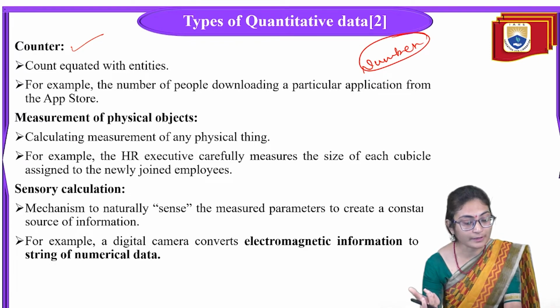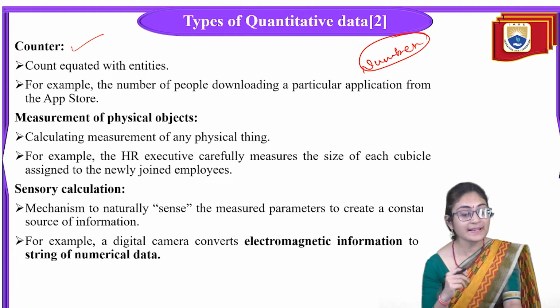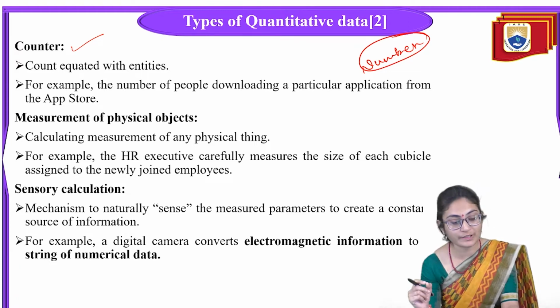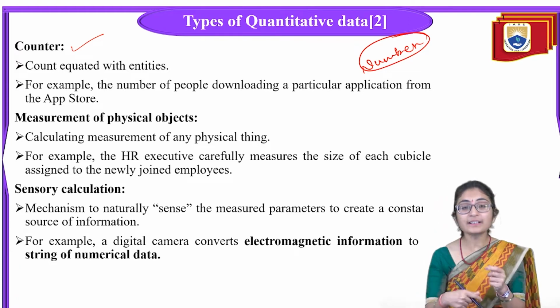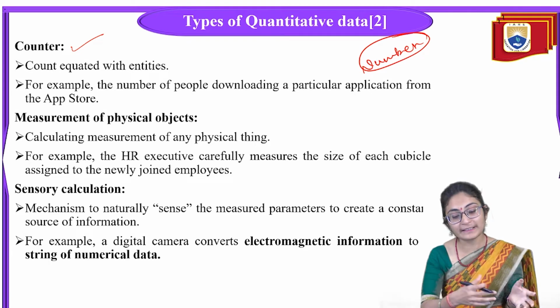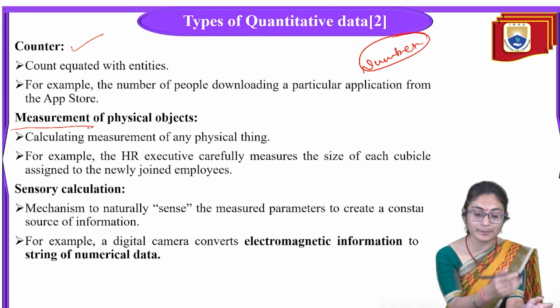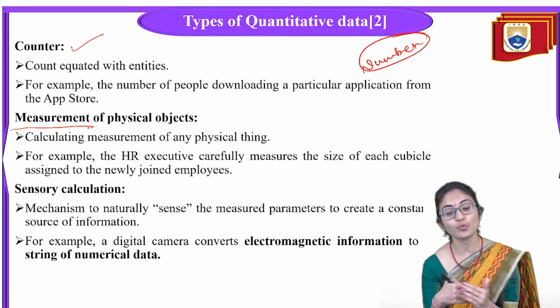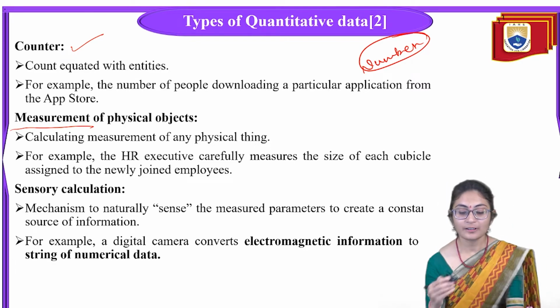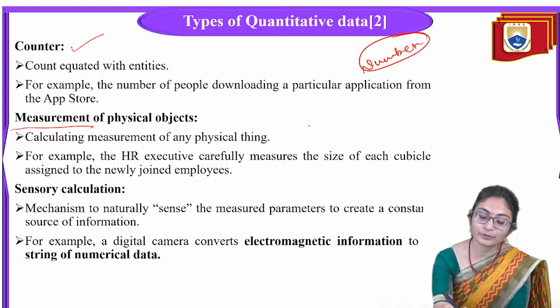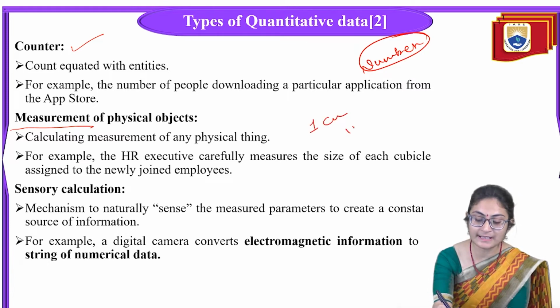This is the counter. Then the second one is measurement of physical objects. That means it will calculate some measurement related to a physical thing. Obviously, when we measure something, it will show numbers. We can say 1 centimeter, 10 centimeters.